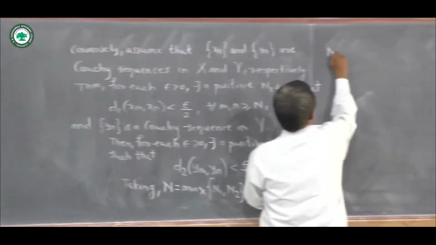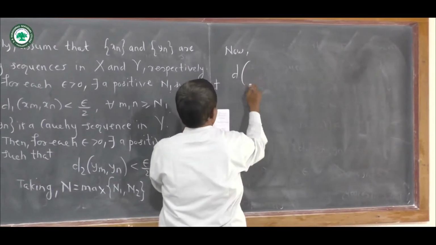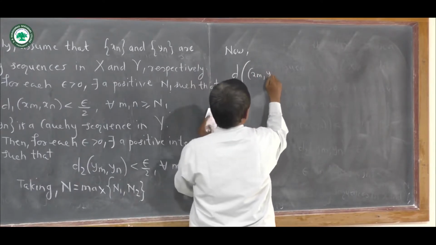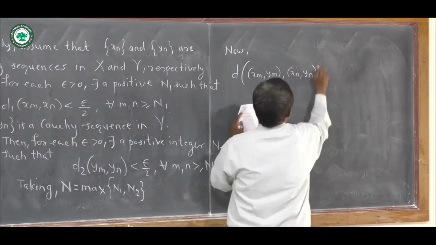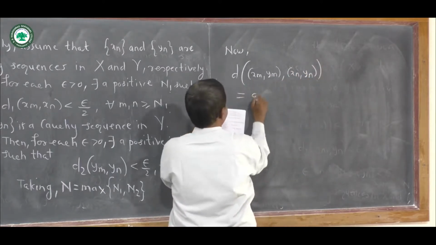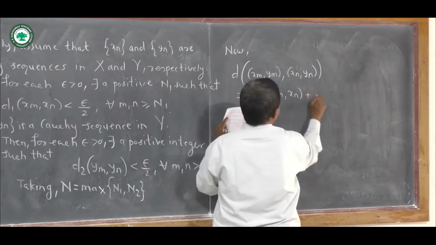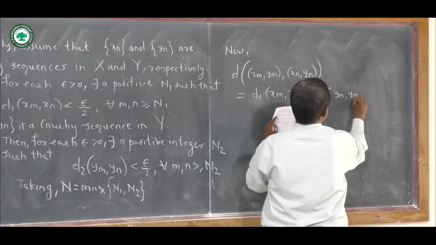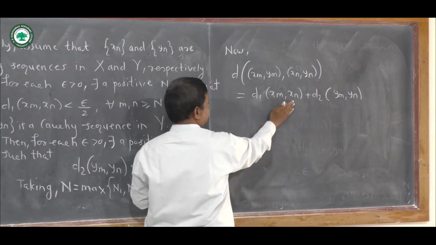So we write this. Now using the definition of metric function d, we write here d of (xm, ym) and (xn, yn). Actually this is d1 of xm, xn plus d2 of ym, yn.